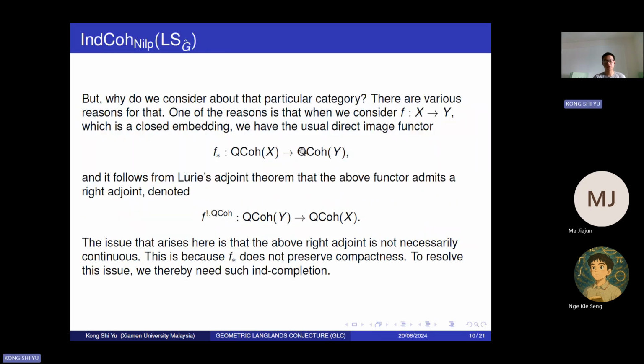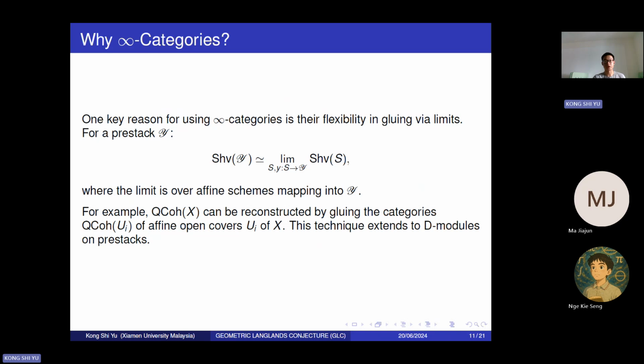All of these categories that we define are actually infinity categories. One of the key reasons they use infinity categories is that they can build a category through gluing via limits, going through all the usual affine schemes mapping into the prestack.